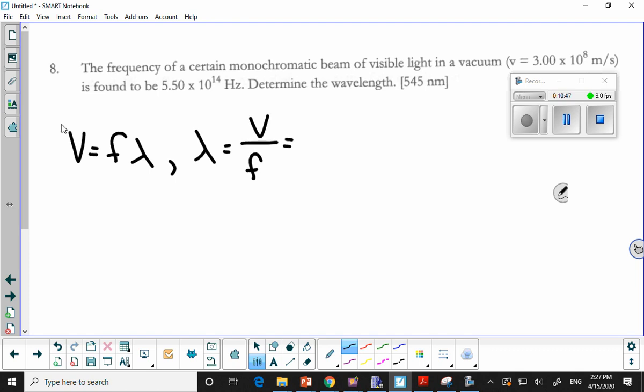All EMR, always, it's going to be 3.00 times 10 to the 8 meters per second. The frequency here was given as 5.5 times 10 to the 14 hertz.